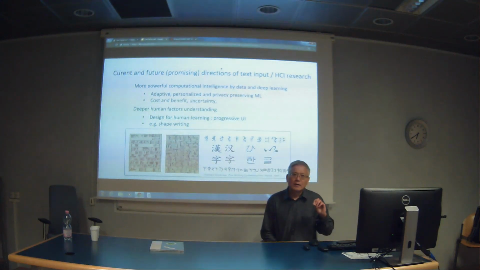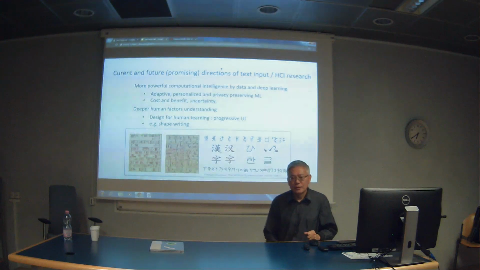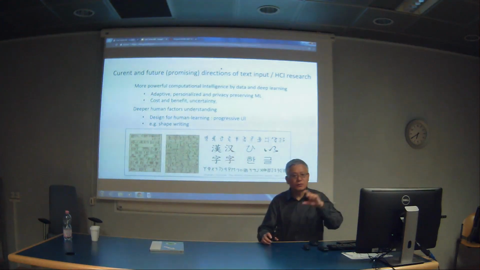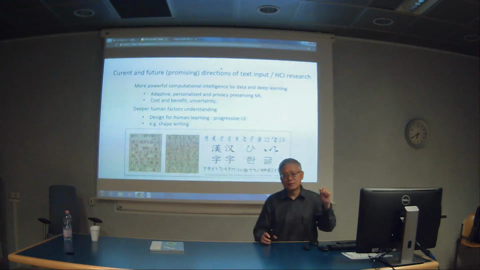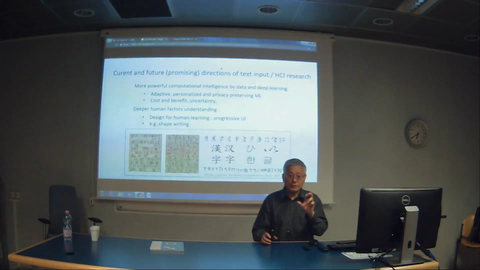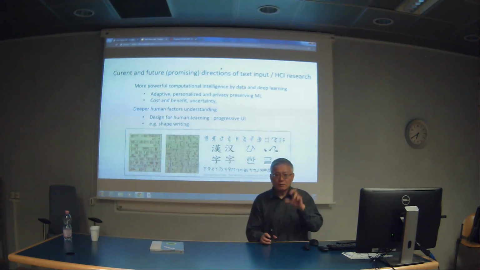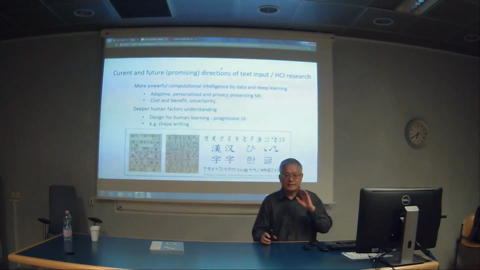Especially, we still face, surprisingly, a scale issue. For example, if you optimize for travel distance, that's only based on letter-level transition probability, and that's actually a fairly small configuration space. When we optimize for words, that gets much bigger.